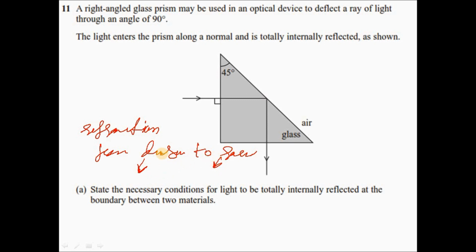This is the first condition, because from rarer to denser there will be no chance of total internal reflection. And the second condition is that the incident angle should be greater than the critical angle, so that the light is totally internally reflected.